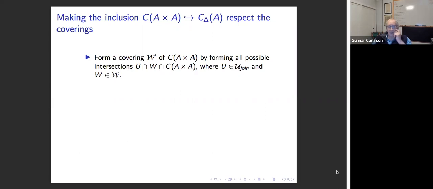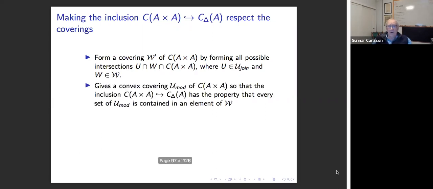That is to say, it has the property that every set within this U modified covering is contained inside one of the sets of the covering for C delta of A. So I've had to grow my covering a bit, but nevertheless the size of it is not too big.